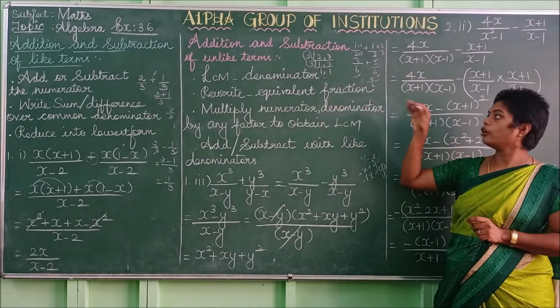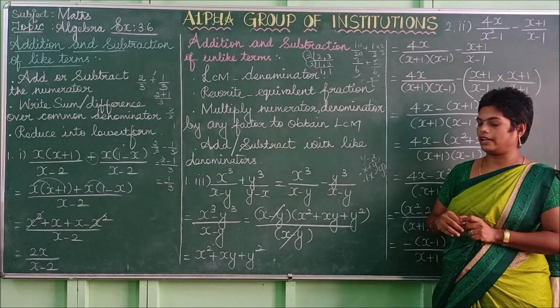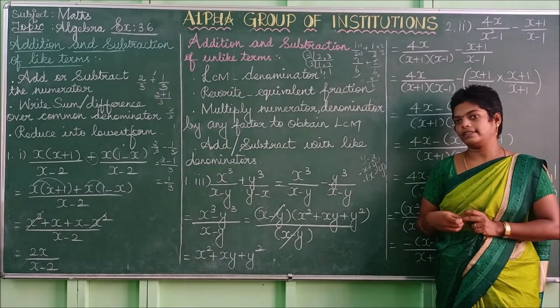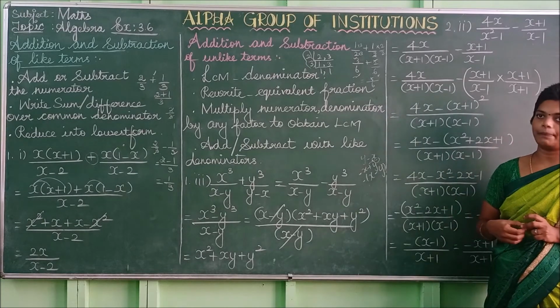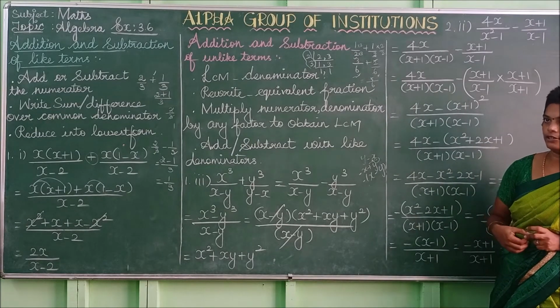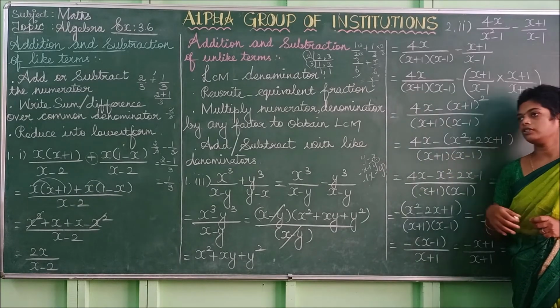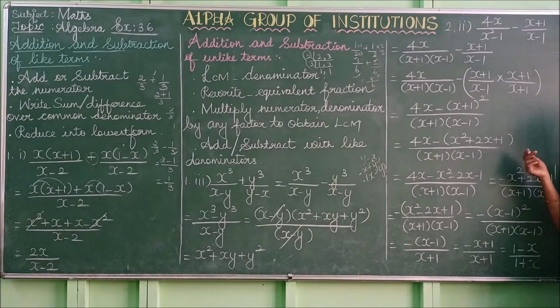Then, whatever operation is given, if it is addition you add the numerator values, and if it is subtraction you subtract the numerator values. Afterwards it will be reduced.